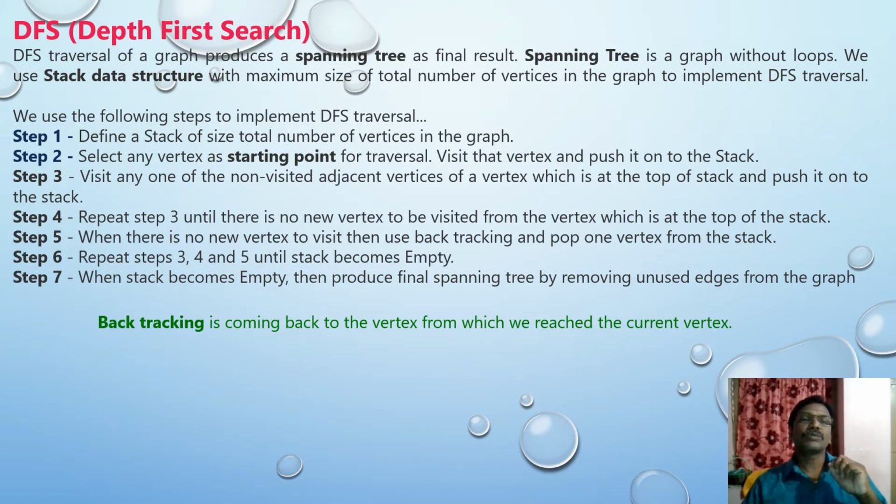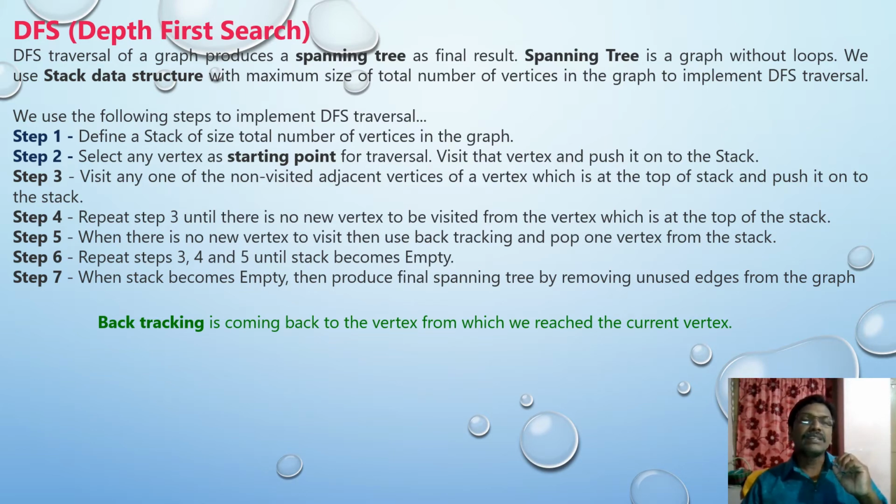Step 2, select any vertex as a starting point for traversal, visit that vertex and push it onto the stack. It means depending upon the graph, you can choose any vertex for starting, and insert it to the stack.